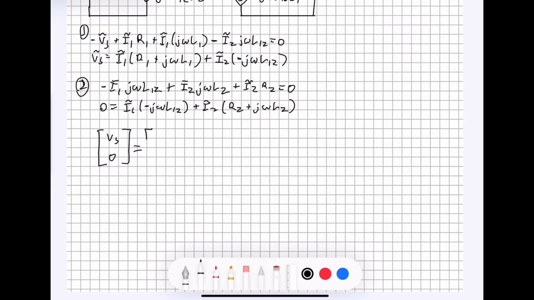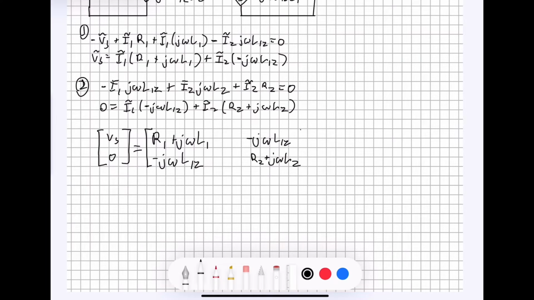Those are going to be equal to these terms in the equation. So let me just write that out. R1 plus J omega L1, then J omega L1 2, negative J omega L1 2, and R2 plus J omega L2.